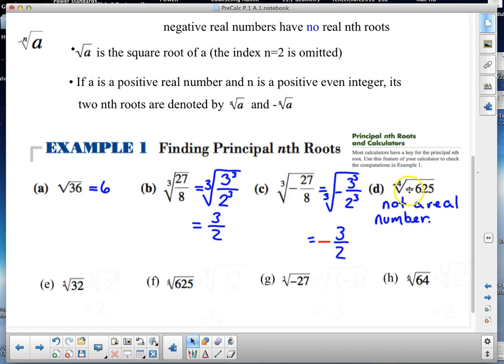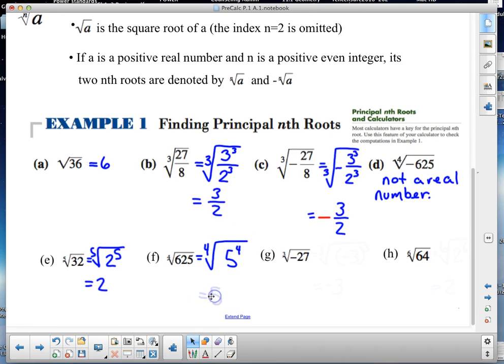So not a real number at all for our answer when we're talking about the principal nth root. Next, 5 is the index, so what number raised to the 5th power is 32? 2 to the 5th is 32, so it's 2. And now we come back to our problem in D, it being positive, the fourth root of 625 is 5.